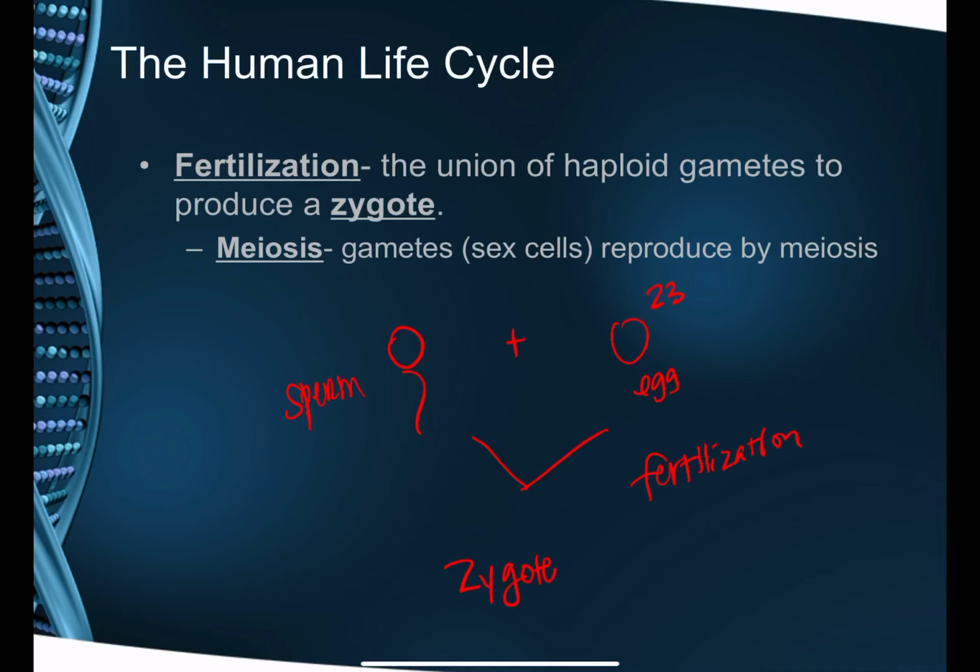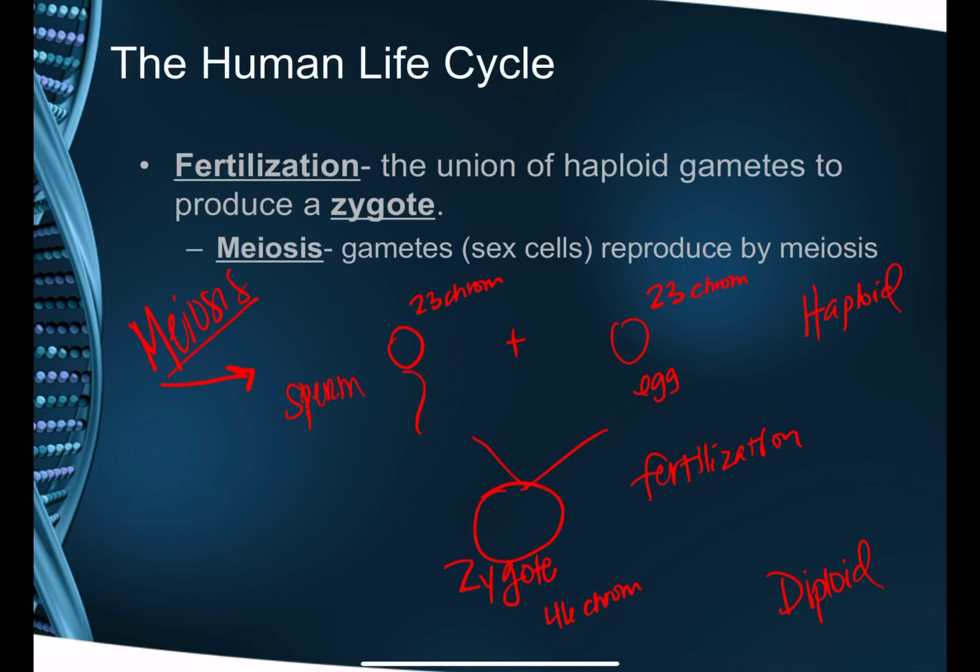Now these sperm and these eggs in humans would have 23 chromosomes, and so they are haploid. But when they unite, the zygote is going to have 46 chromosomes, and so it is considered to be diploid, okay? And that's just our one cell. A sperm plus an egg makes a zygote, which is one cell. The sperm and the egg are made by meiosis, okay?